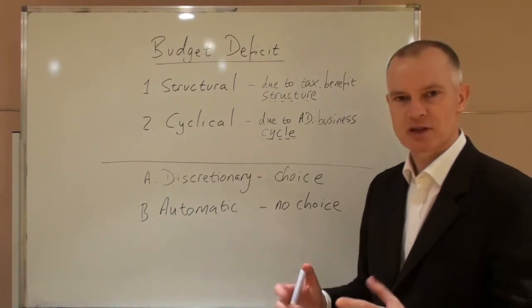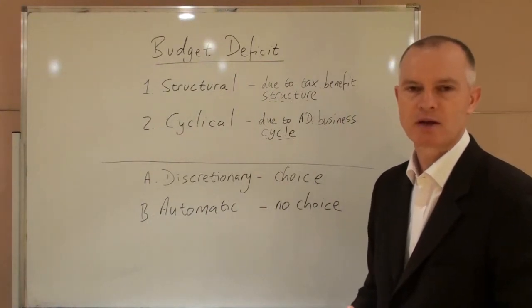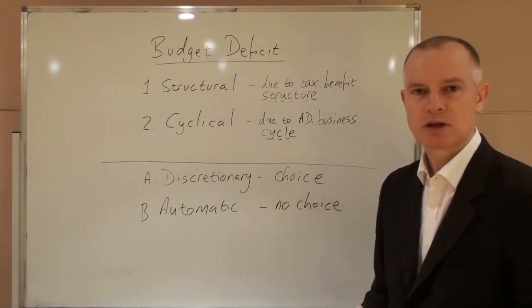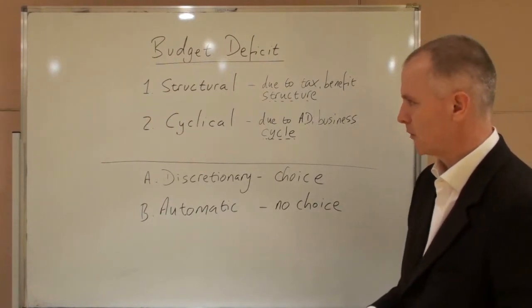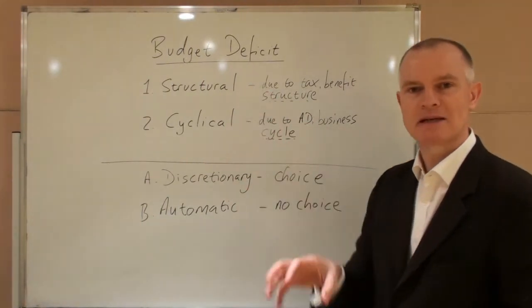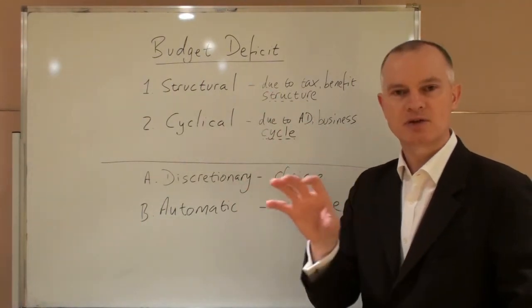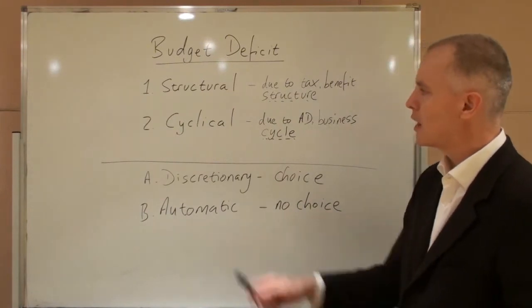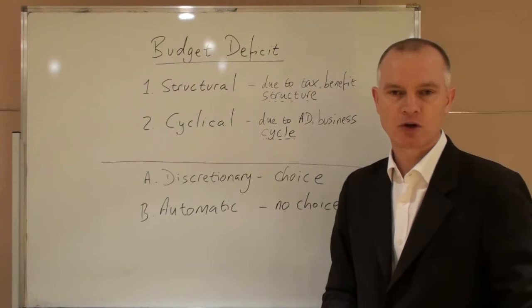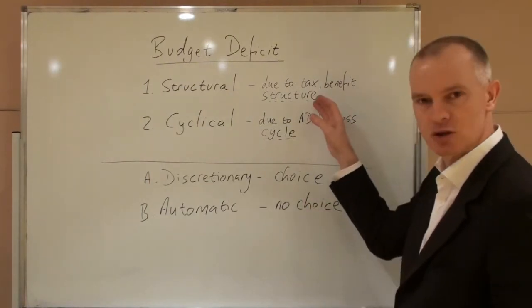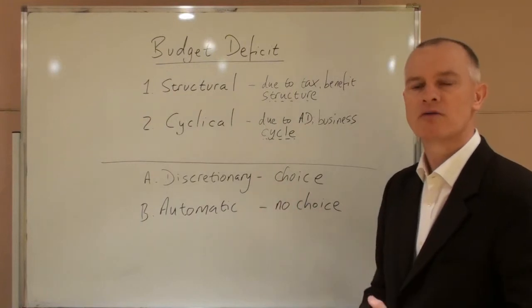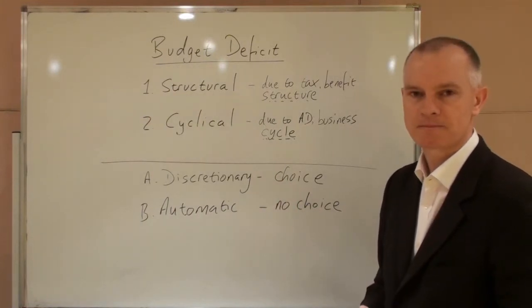The budget deficit is the excess of government spending over government income, and predominantly government income, of course, is tax revenue. What we're doing on the board here is isolating the reasons for such a deficit. A structural budget deficit occurs because of the nature of the tax and benefit system, or the structure of taxes and government spending.